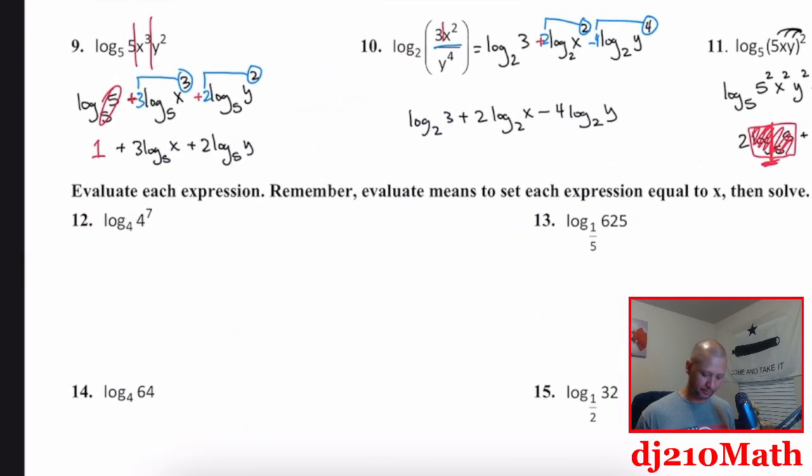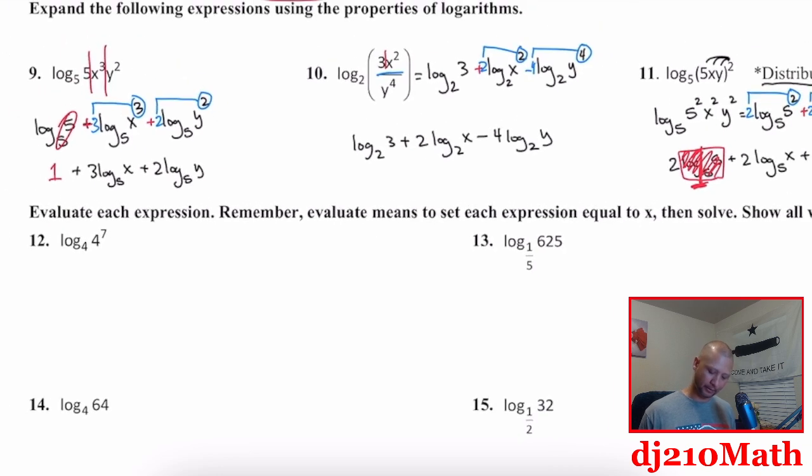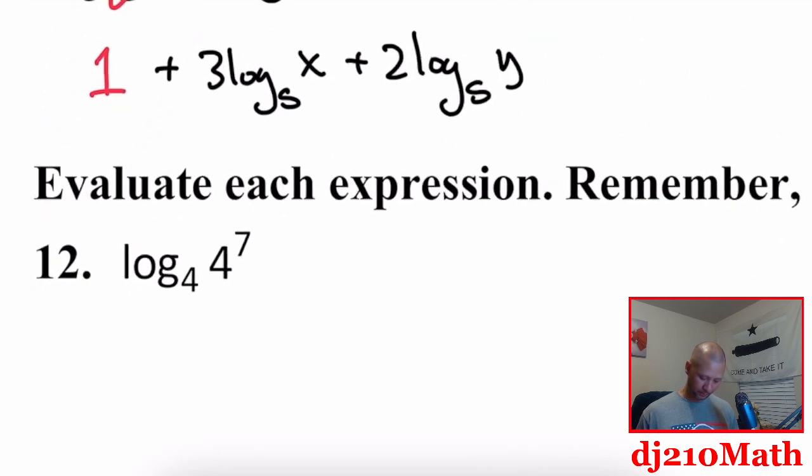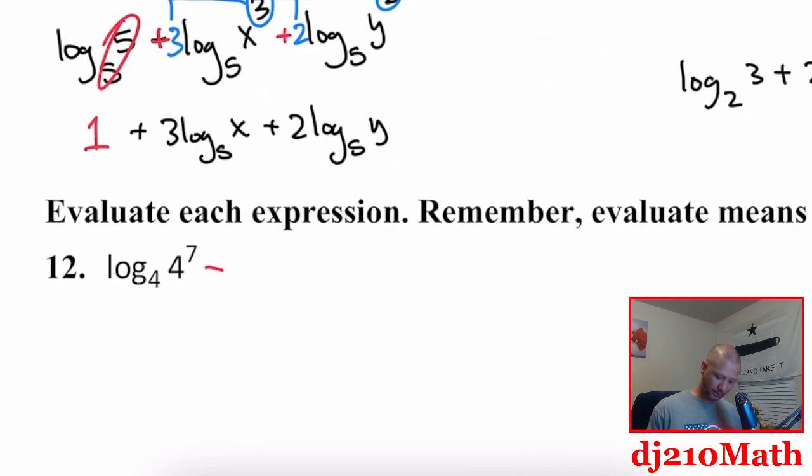So here, in the instructions, it says set each expression equal to x. So even though it's not equal to anything, we can say this is equal to something. What is it equal to? So we just pick a variable. Typically we use x. And now we're going to rearrange the problem just like we did in 3 and 4.